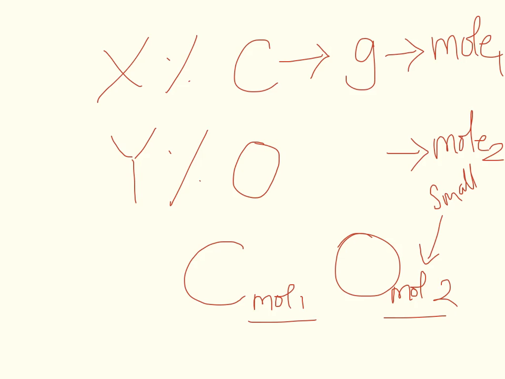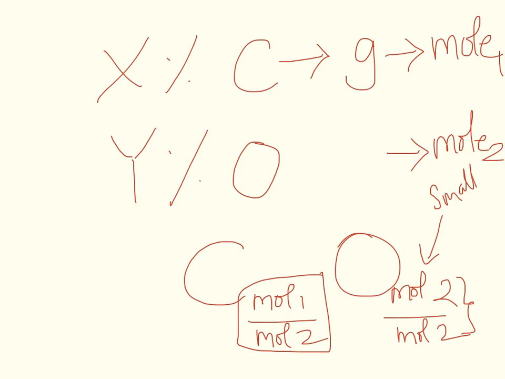What you have to do is take that smaller number and divide all the moles by that number. So what you're doing is you're getting the simplest ratio. So mole 1 over mole 2, mole 2 over mole 2. Okay, in this case you will of course get 1, but in this case you might get a fraction.